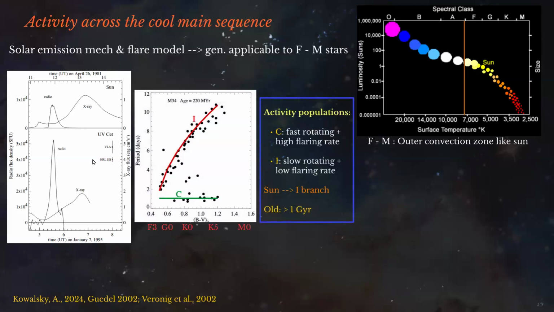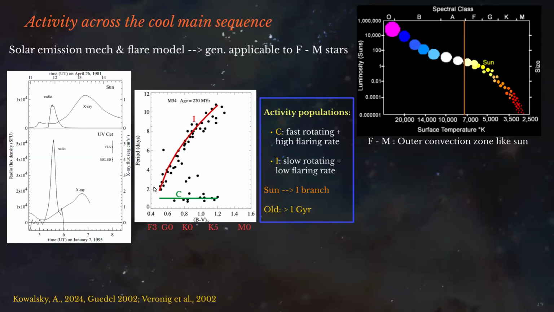So when you look at the spectrum of stars and ask how stellar activity varies across the main sequence, this plot is a good starter. On the Y axis is the rotation period of the star. The faster the rotation, the higher the angular momentum, and also more violent dynamos can be triggered because you have a fast rotating convection zone.